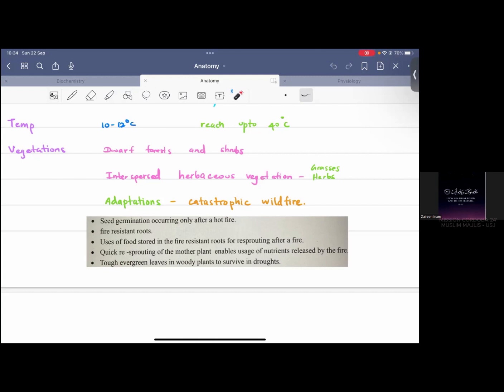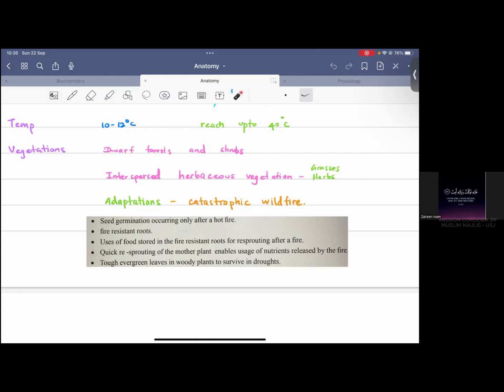Quick resprouting of the mother plant enables usage of nutrients released by the fire. So fire will release some nutrients, and these nutrients will help in the resprouting. And there are tough evergreen leaves in woody plants to survive drought. So these are some adaptations shown by the plants in chaparral to save themselves from the catastrophic wildfire.